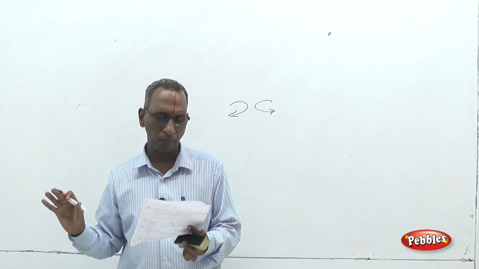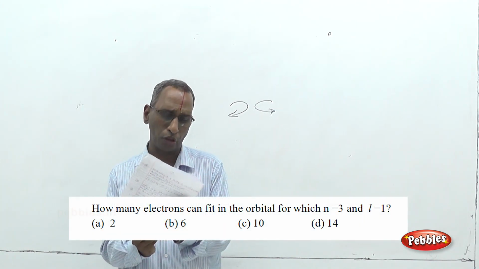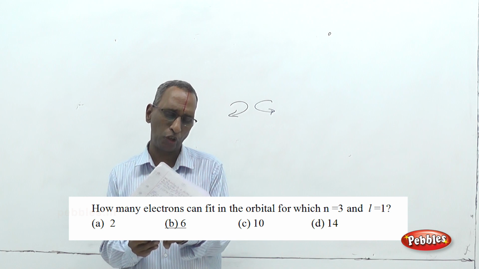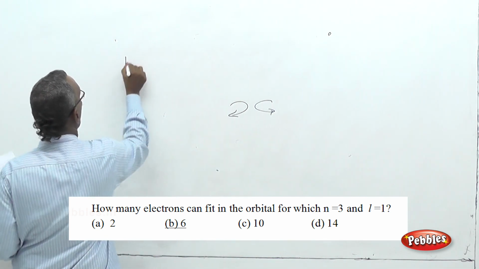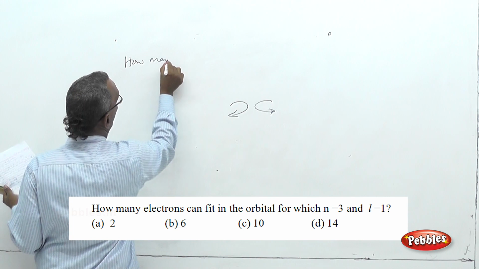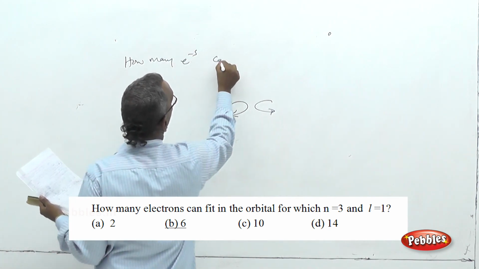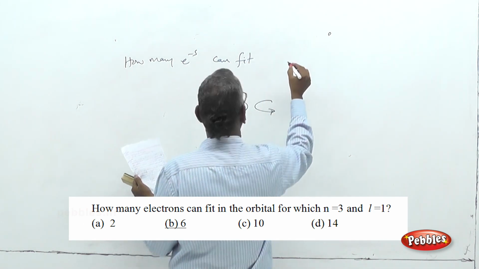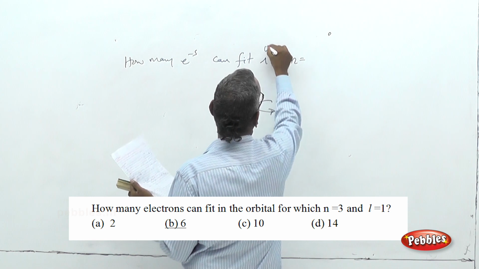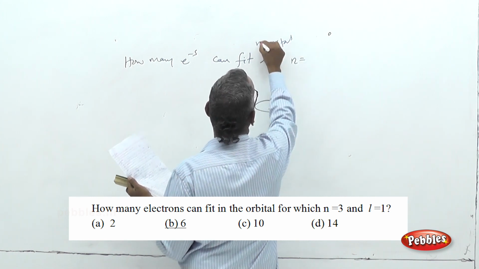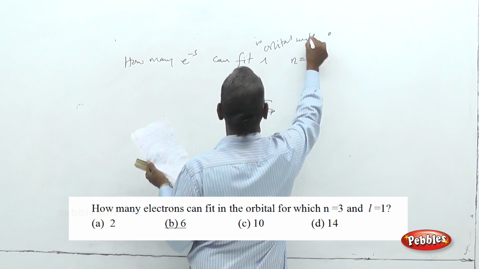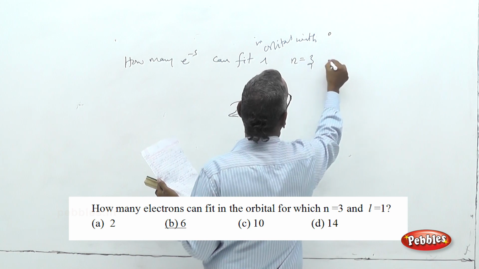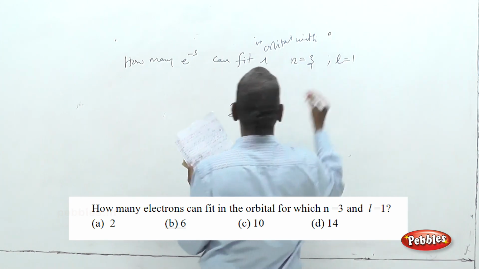Next question. How many electrons can fit in an orbital with n value equal to 3 and l value equal to 1?